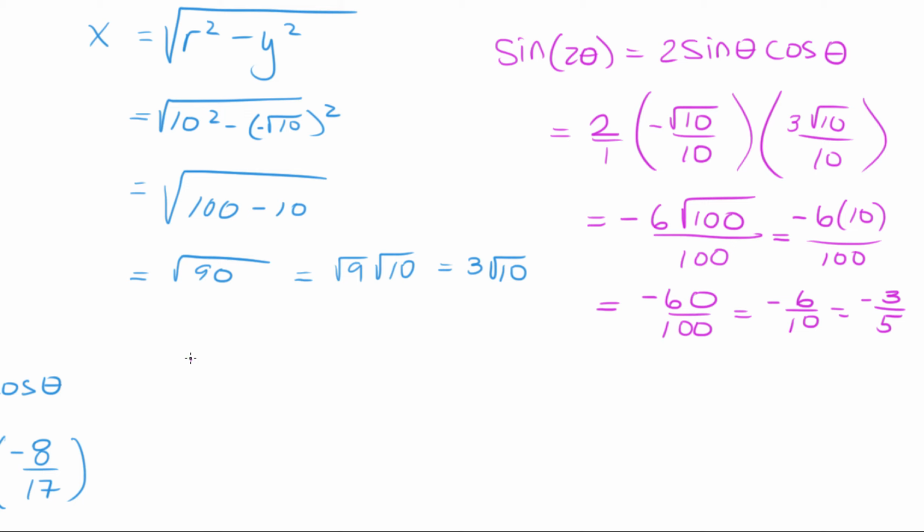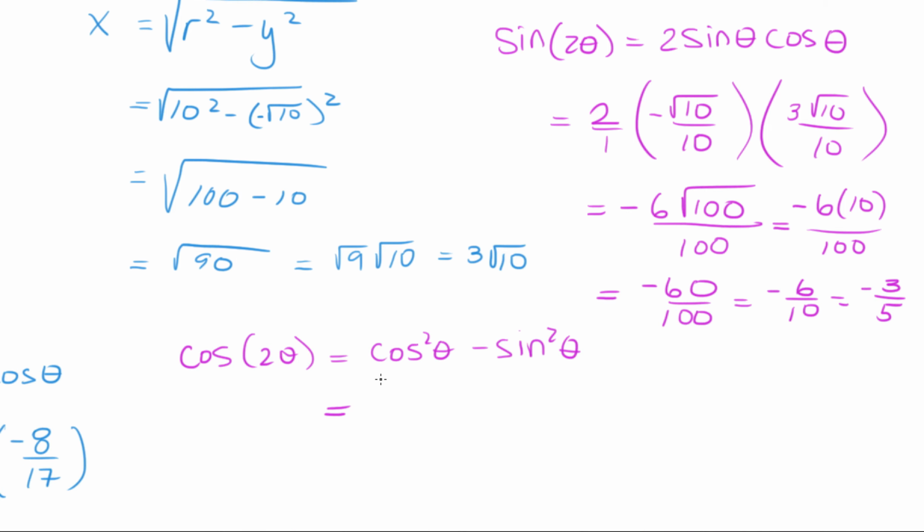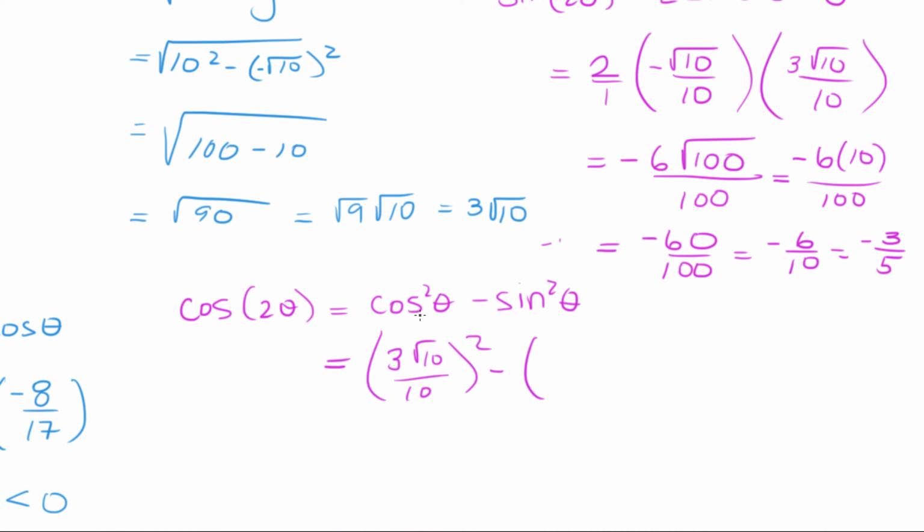Now for cosine, cosine of 2 theta is cosine squared minus sine squared. Cosine squared will be 3 radical 10 over 10 squared minus sine squared, which is negative radical 10 over 10 squared.